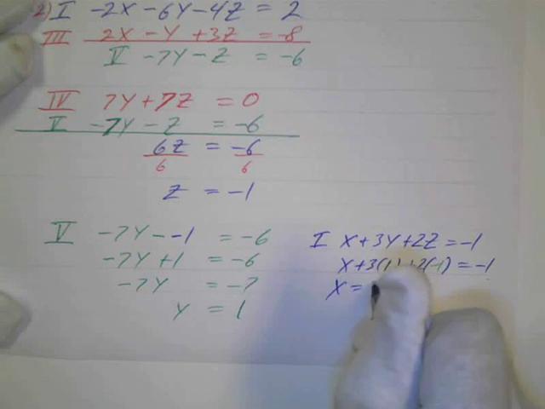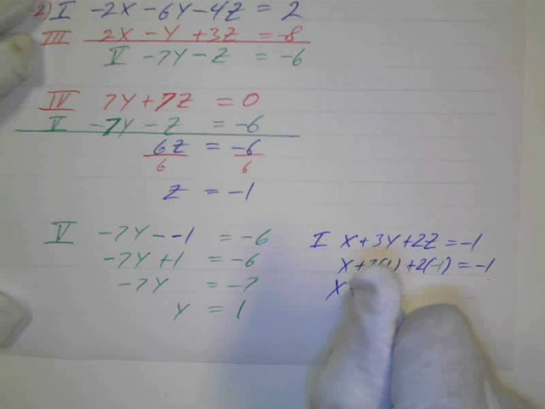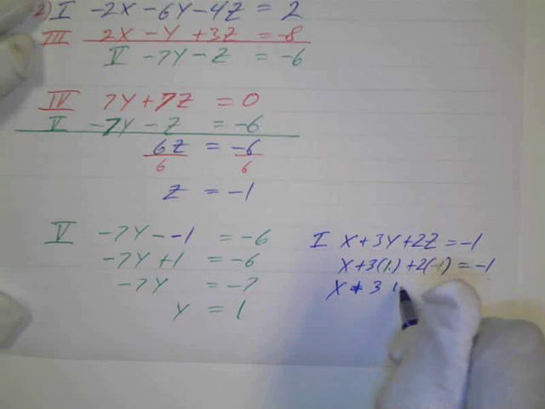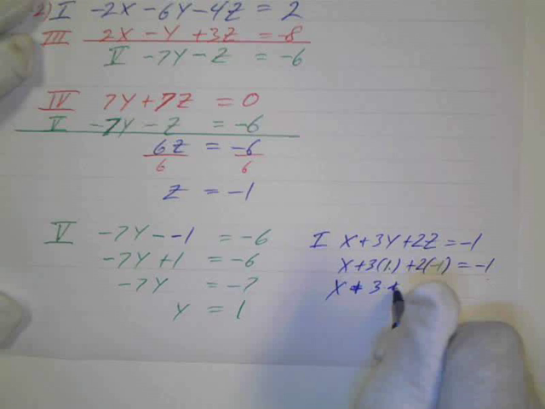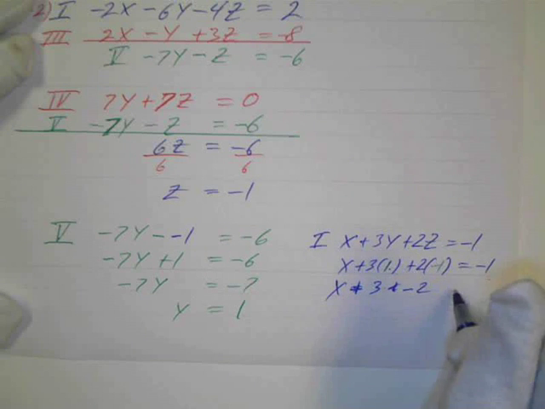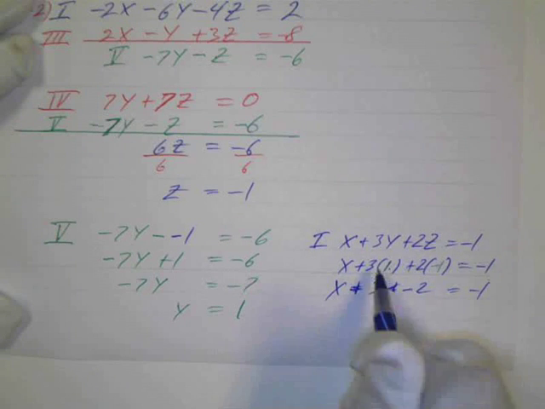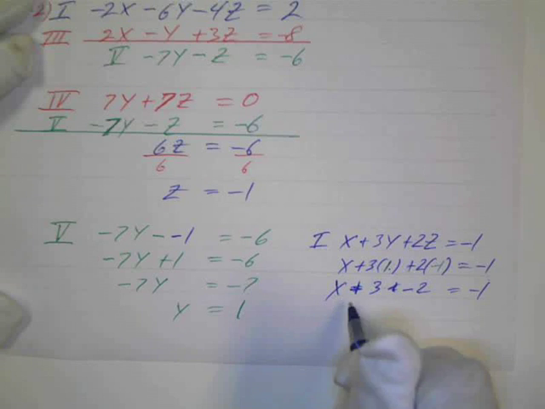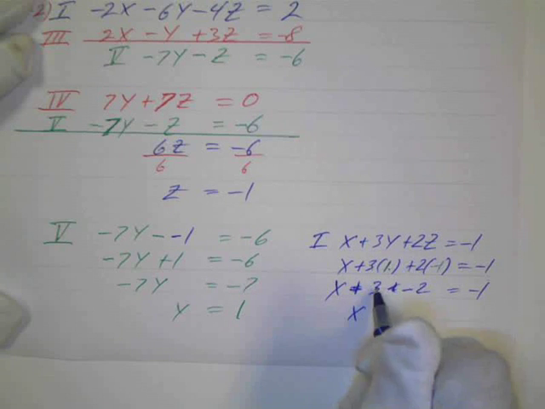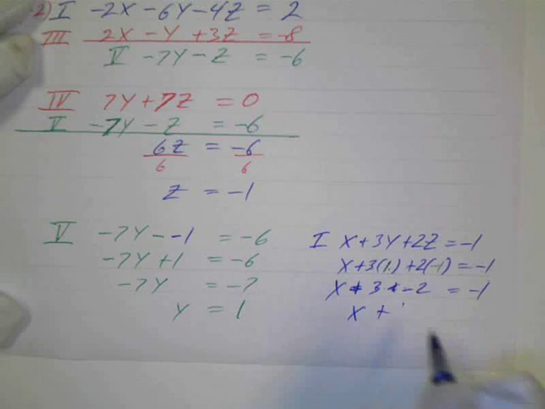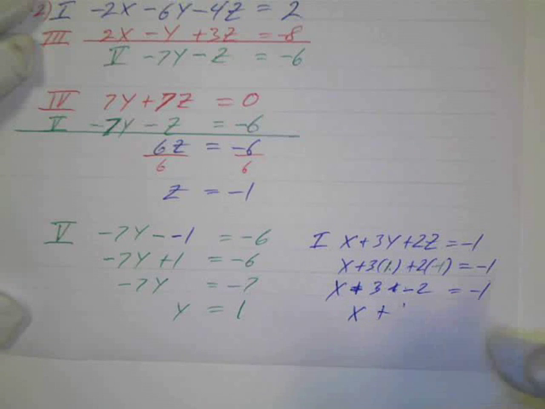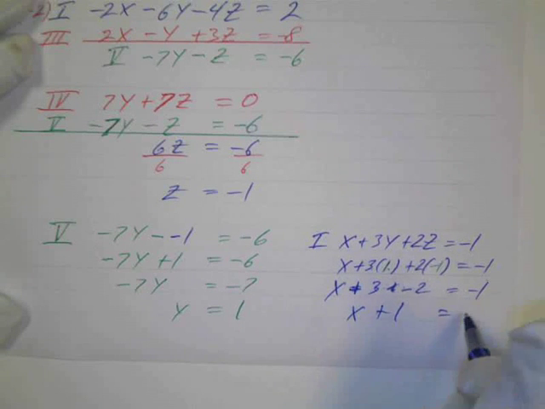So x plus 3, and this is going to be minus 2, equals negative 1. 3 minus 2 is 1, so x plus 1 equals negative 1.